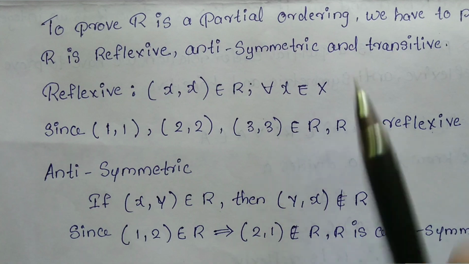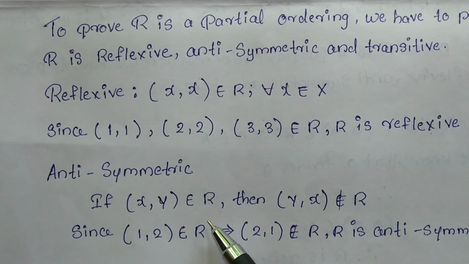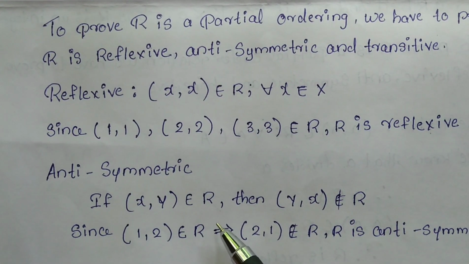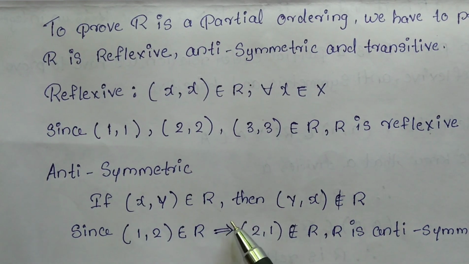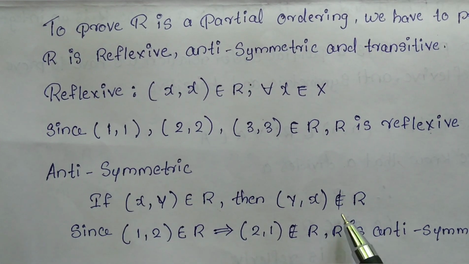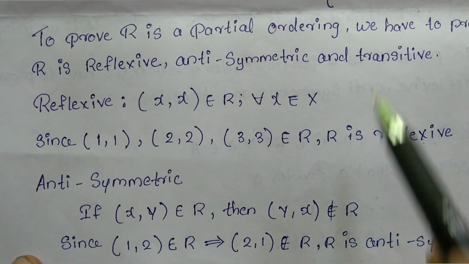Now, antisymmetric. So what is symmetric? If x comma y belongs to R, then y comma x belongs to R. That is symmetric. Antisymmetric means if x comma y belongs to R, then y comma x does not belong to R, for distinct elements.